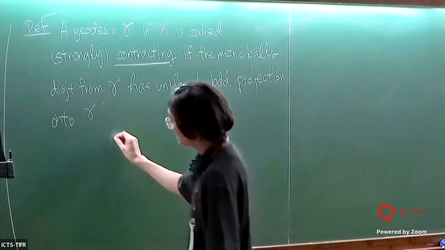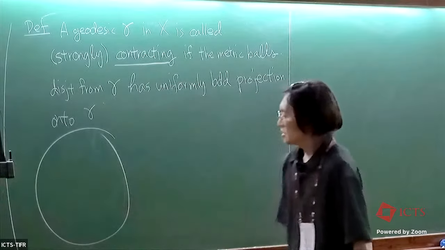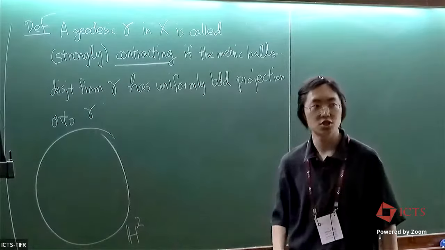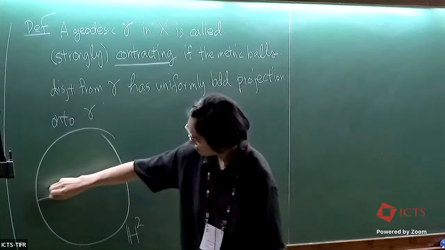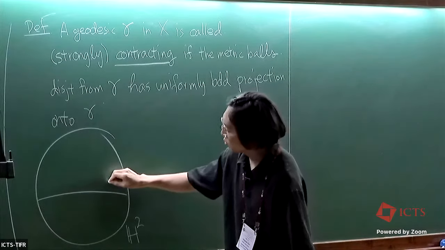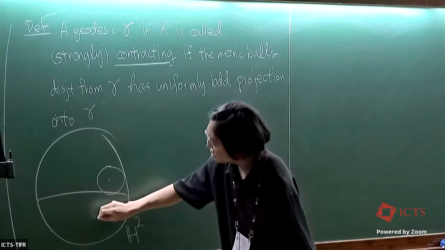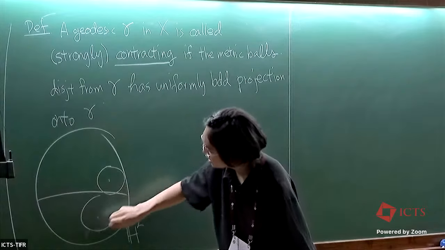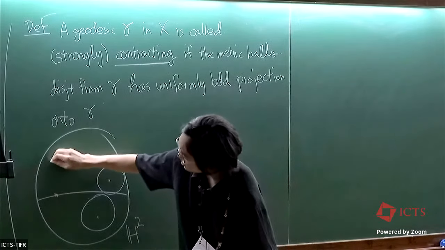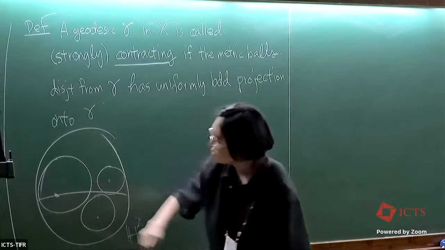Again, the picture is, this is again H2. You pick any geodesic. Now, there are a bunch of metric balls. You can draw it here, you can draw it here, you can probably draw a very large ball.